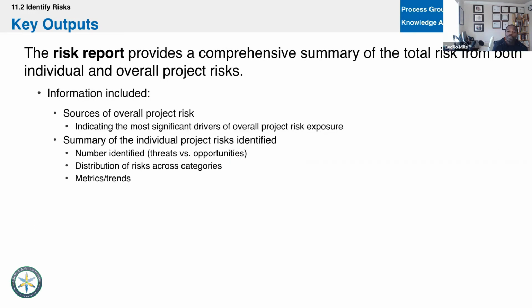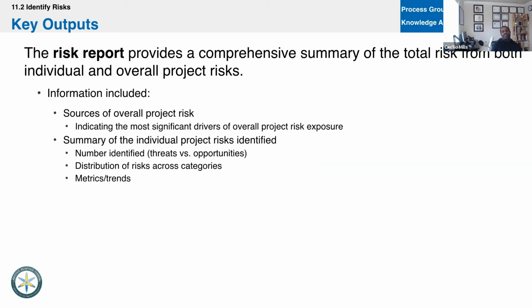We're also going to come up with a risk report, a comprehensive summary. That's an oxymoron, in my opinion, right? But that's what that is, a comprehensive summary of the total risk, from both individual and overall project risk. So what we're looking at here is where the risk is really coming from. First, is it internal? Is it external? And what are the drivers? Then a summary of those risks.